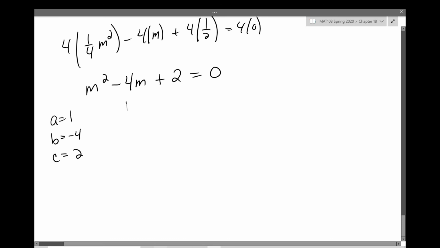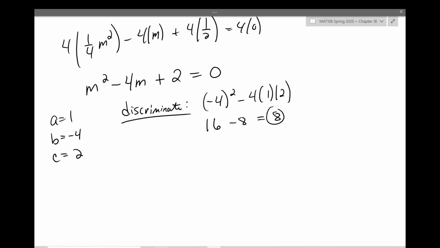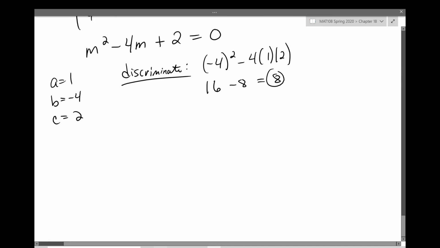Let's find our discriminant. All right, so that's going to give me negative 4 squared minus 4 times 1 times 2. Well, that gives me 16 minus 8, which is 8. Okay? So it's positive. Real distinct roots. That's perfect. Real distinct solutions. Okay?